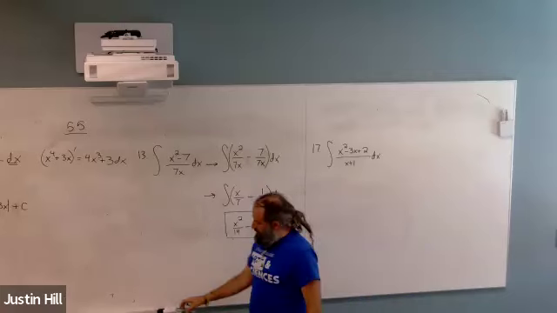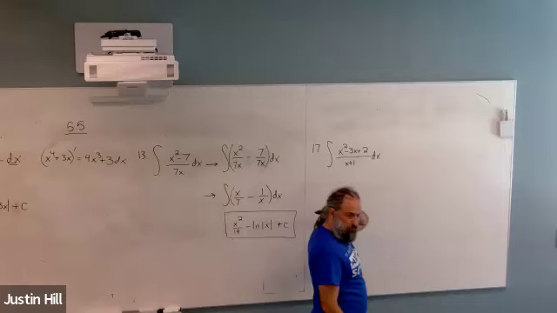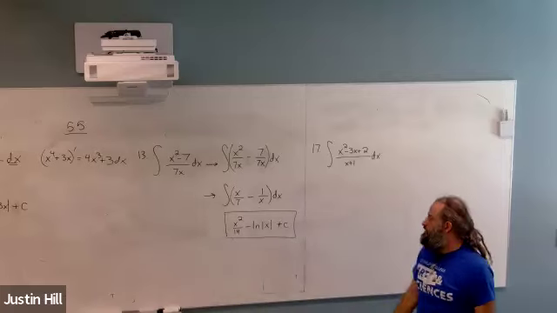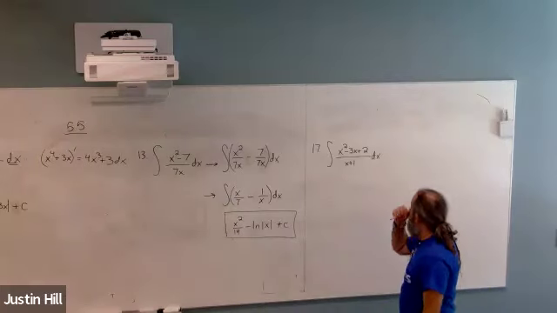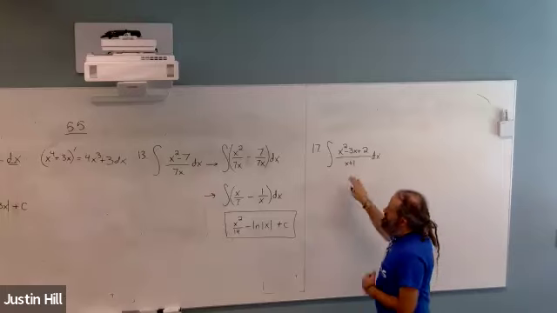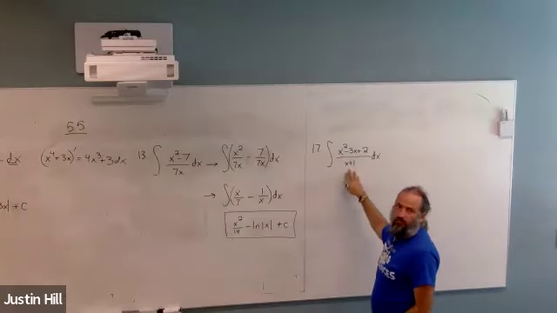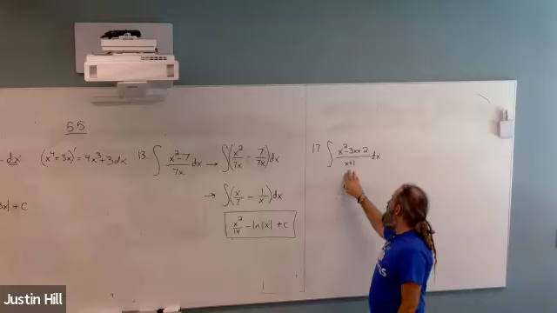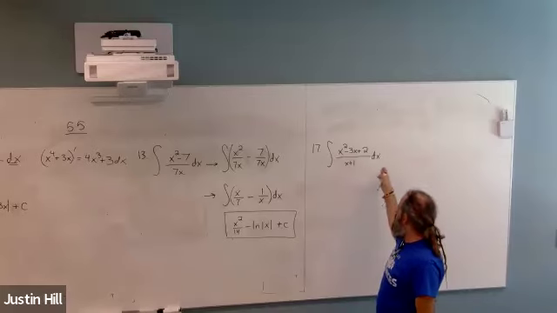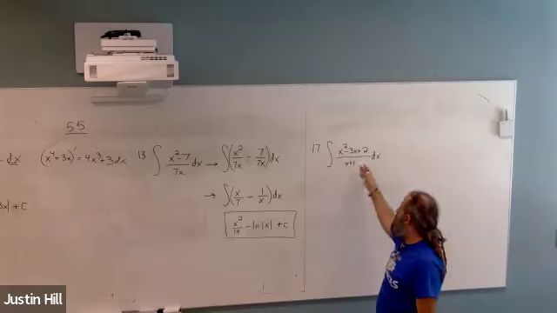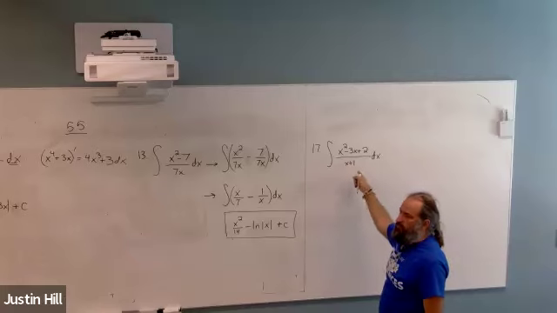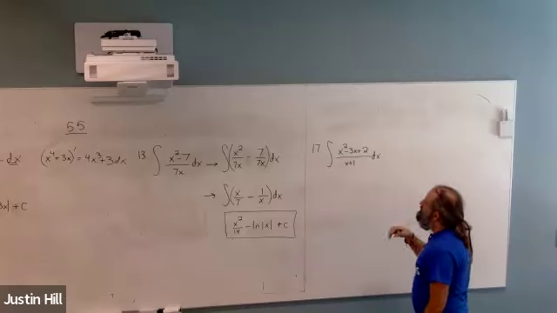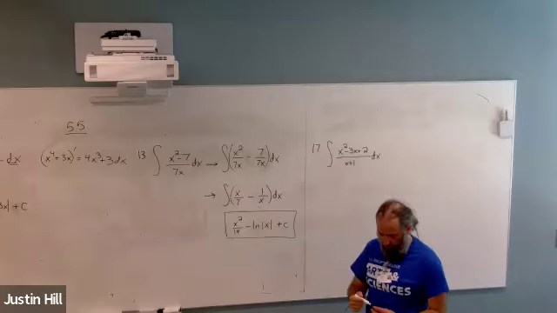Now I want you to notice again, the power on top is bigger than the power on the bottom, so this is not going to immediately resolve itself in some natural log situation. But again, the difference between this one and the last one is we don't just have one term on the bottom, we have 2 terms. So because of that, I can't just split this up. Technically you can split it up in separate pieces, but your bottom is going to be x plus 1 on each of them. Basically, we can't just split this up.